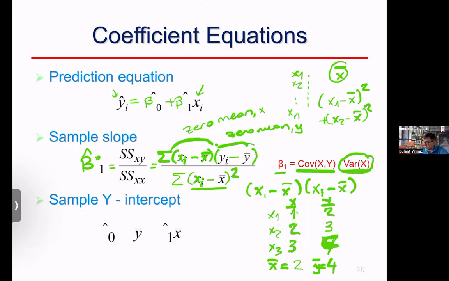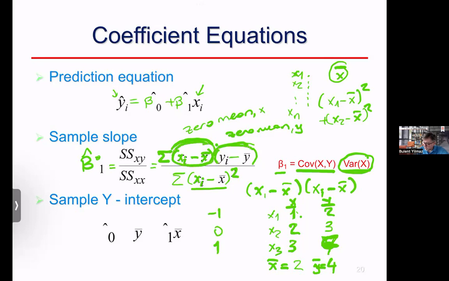So how do I find the covariance using this data? We are going to say 1 minus 2 is minus 1, 2 minus 2 is 0, 3 minus 2 is 1.